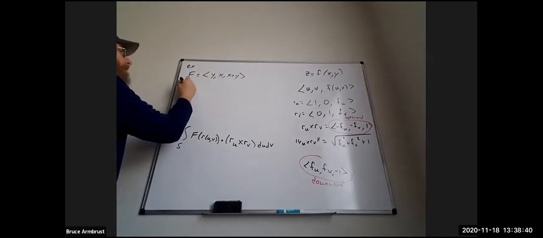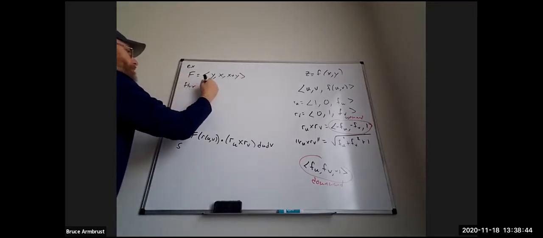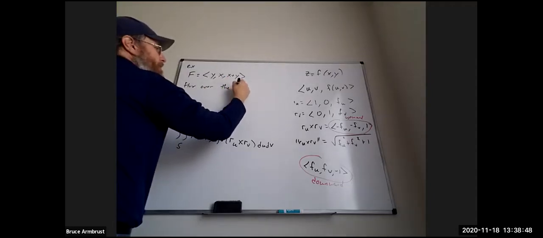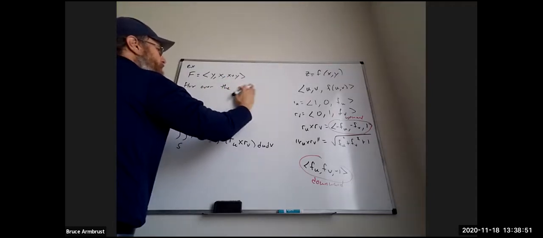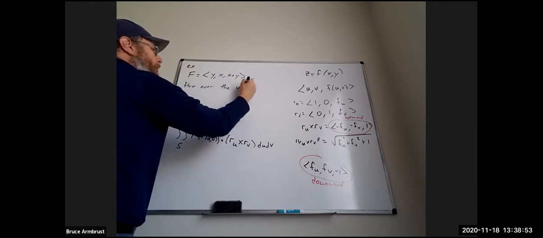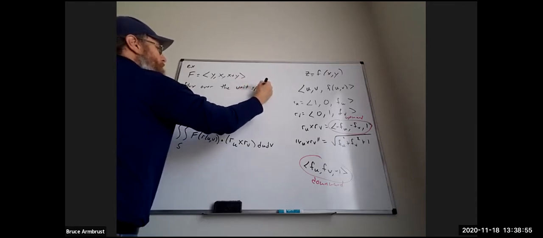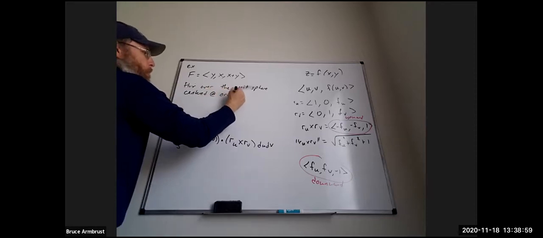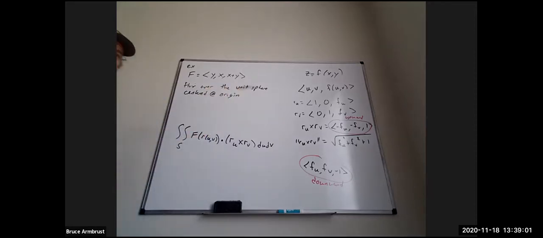And let's look at the flux, or at least we'll set it up for the flux over the sphere, or how about this, the unit sphere. And we'll center it at the origin.